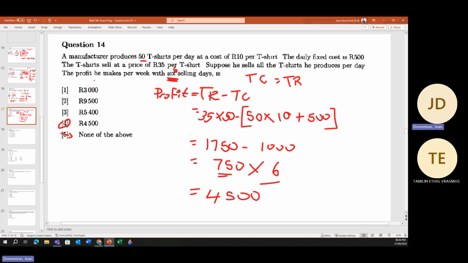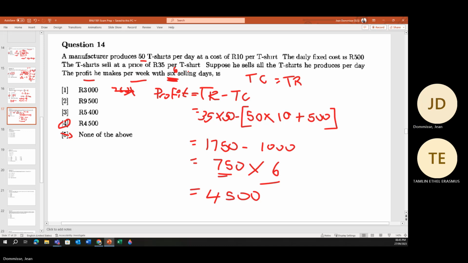I just read the profit, and even I read per week, but the 6 just didn't go into my brain at all. And if they probably gave me an option of 750, I would have probably gone for that also. So just again, be very careful and read the whole question.